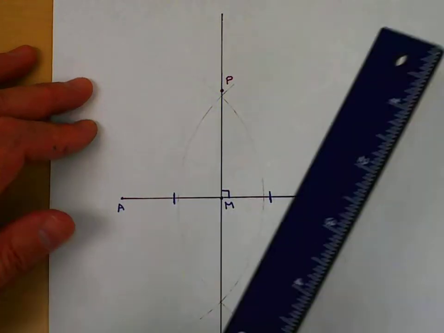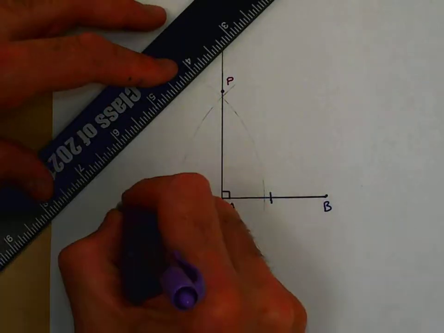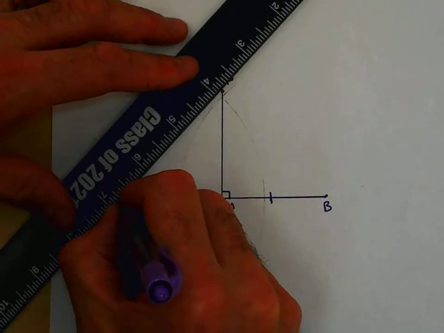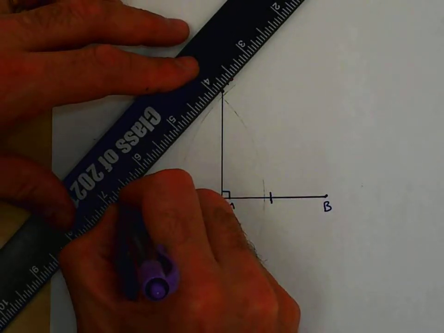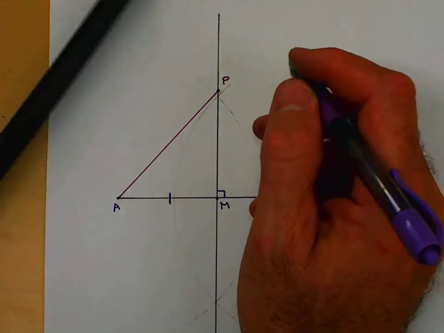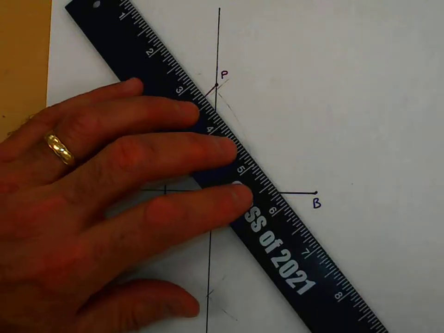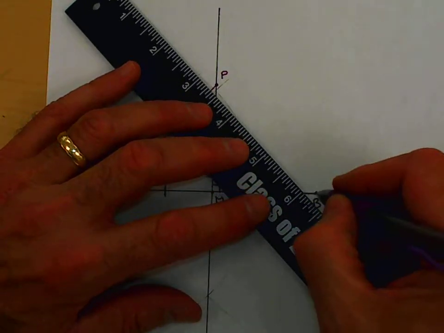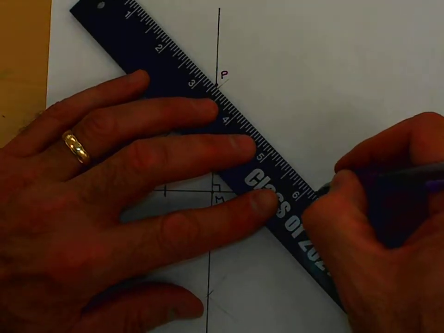And knowing that, this point that's on this bisector should be equidistant from both the endpoints. So I'll go ahead and measure those in just a second, but let's go ahead and create them first.